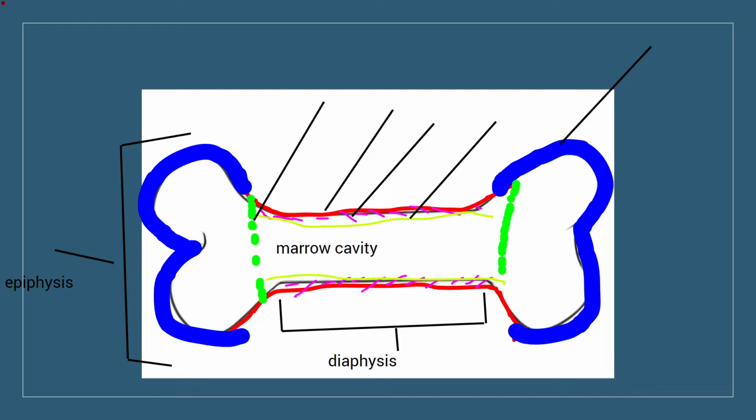And the diaphysis is covered with periosteum. And to keep that periosteum attached, we've got Sharpey's fibers. The lining on the inside is endosteum.